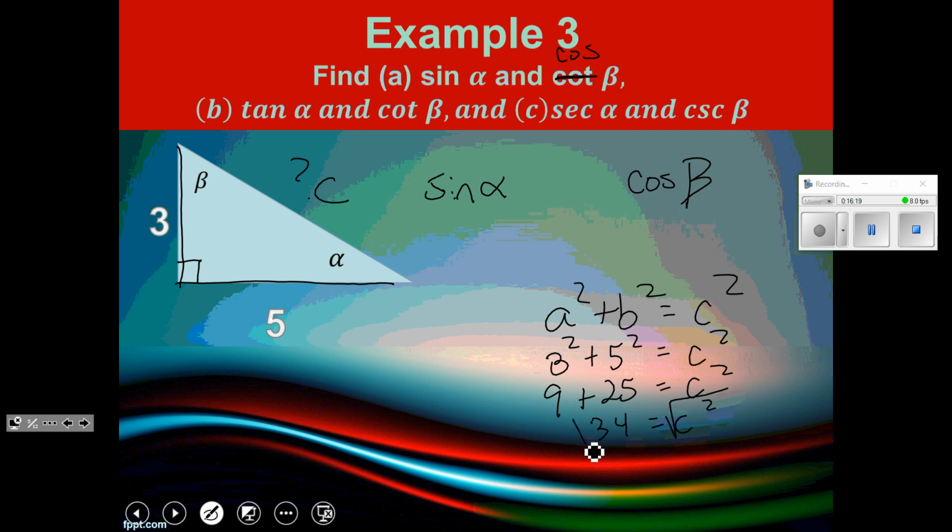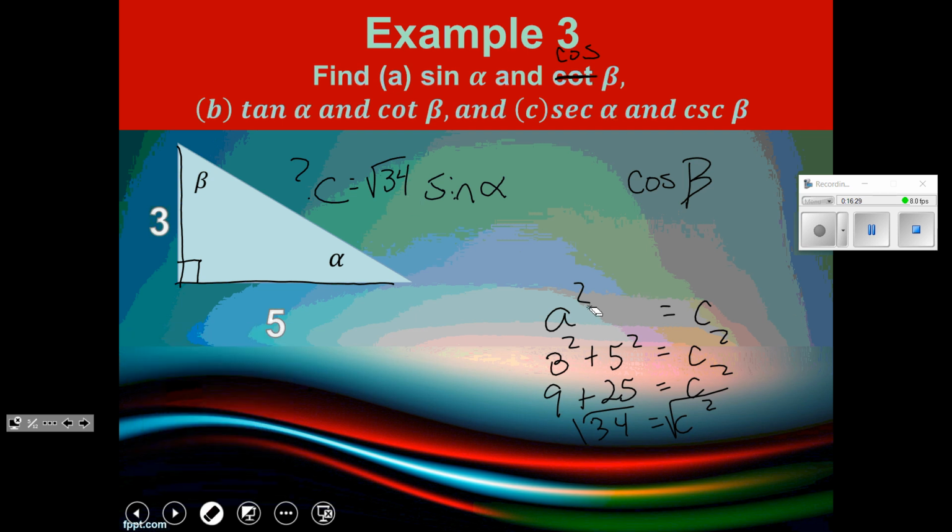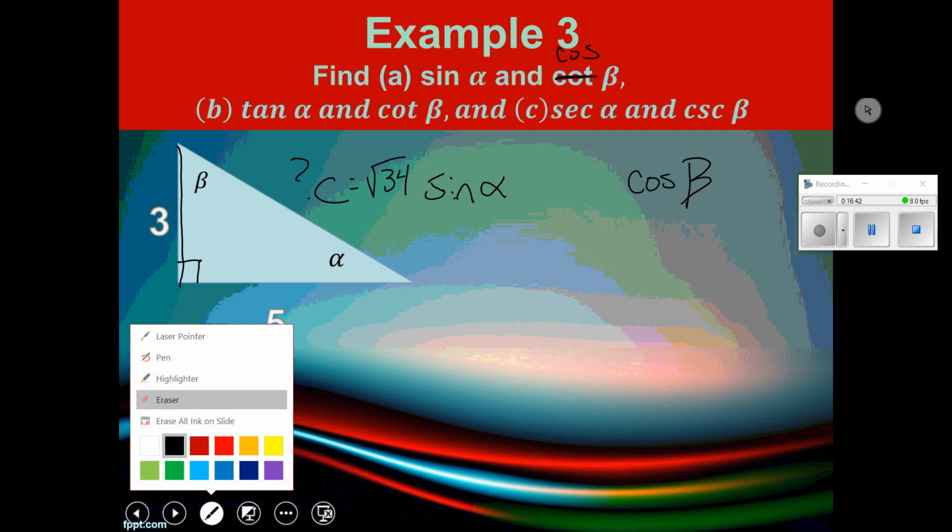And then when I take the square root, C is going to be the square root of 34. Any questions on that? So let's look at the relationship between the sine of alpha and the cosine of beta. Okay? So let's look at alpha. Sine is what over what?